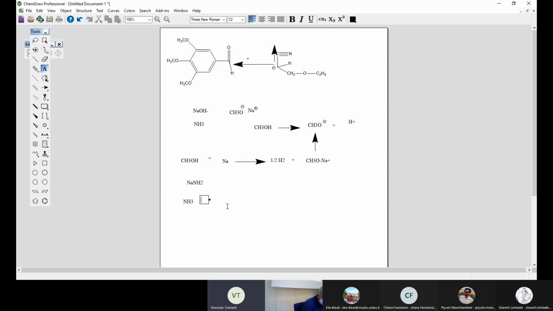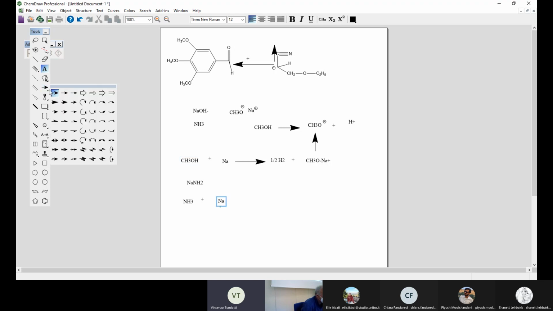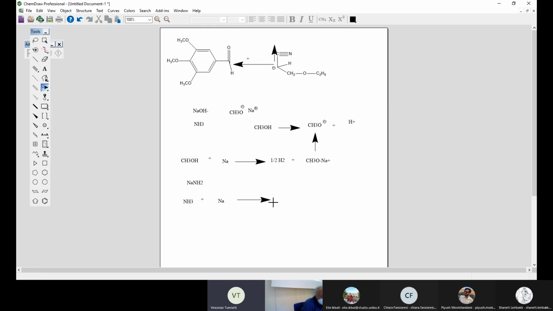So ammonia plus sodium gives once again half a molecule of hydrogen plus sodium amide, NaNH2.